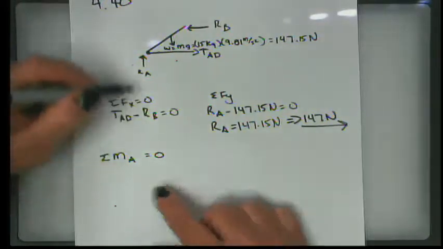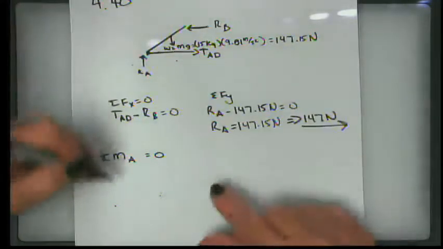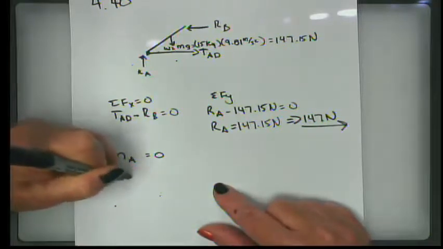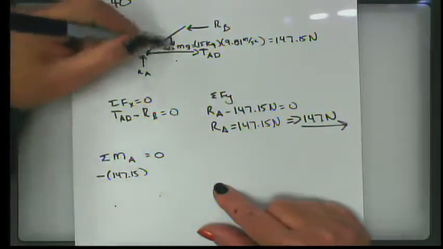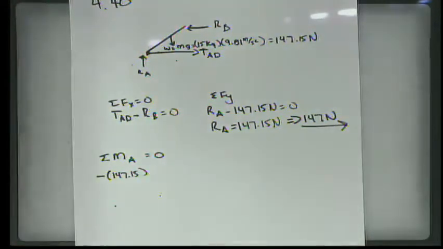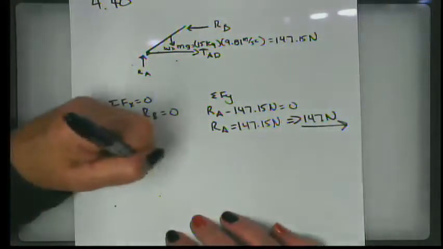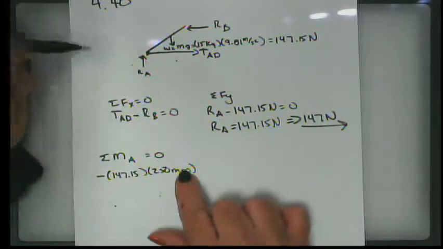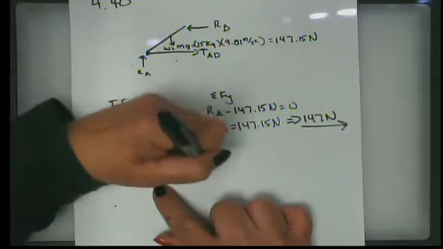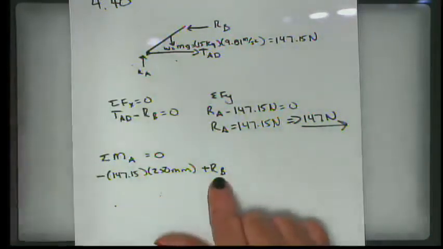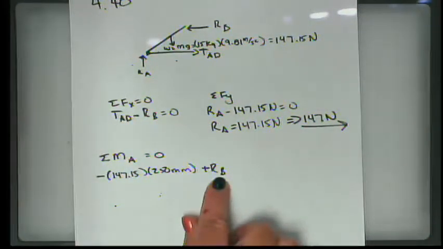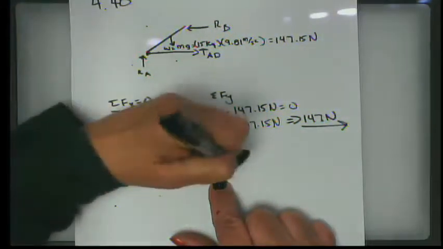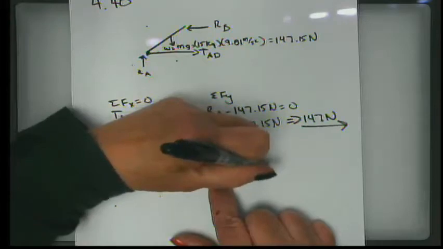All right, so if I put a pin here, the weight is going to spin this clockwise or negative. So that's 147.15. Since that's a vertical force, I need the horizontal distance, which is 250 millimeters from the problem statement. Then R_B is going to spin it counterclockwise, and the vertical distance from point A to B is 350 millimeters.